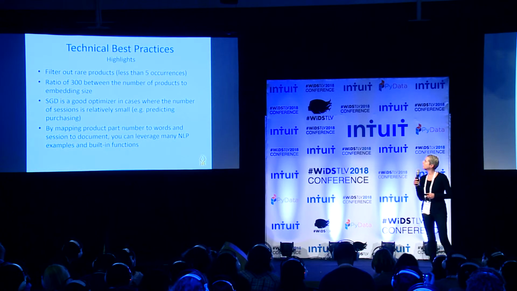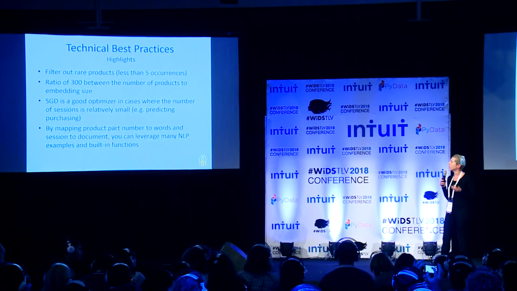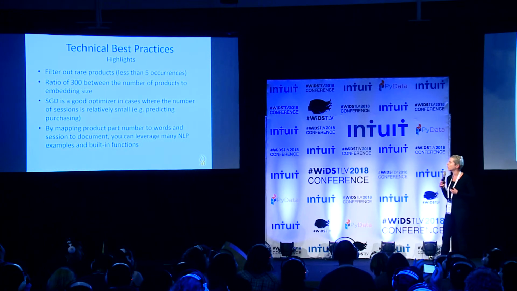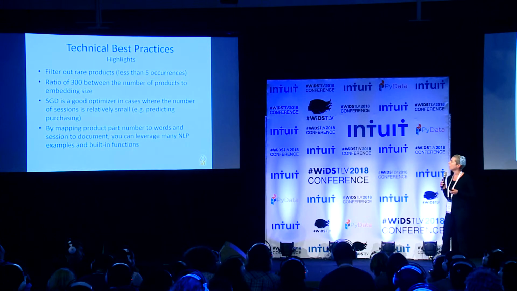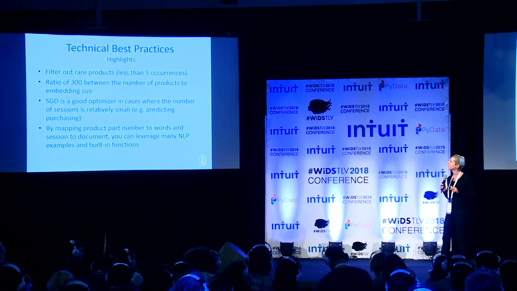So if we're looking a little bit at the best practices, we filter out some rare products, because we don't have any meaningful information for them. A ratio of 300, this is very similar to NLP, is quite a good embedding size to start from.